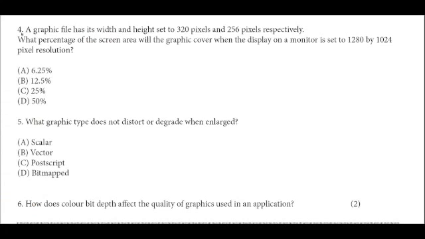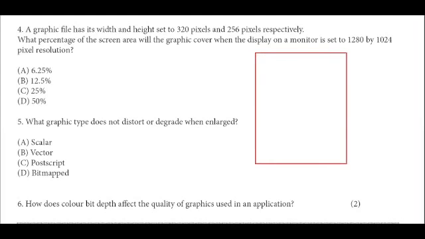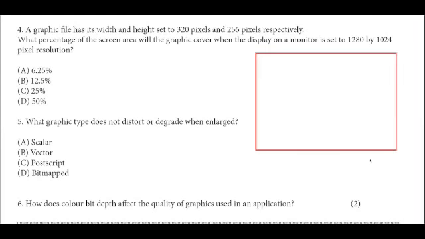So let's have a look at this one. A graphic file has its width and height set to 320 by 256 pixels respectively. What percentage of the screen area will the graphic cover when the display on a monitor is set to 1280 by 1024 pixel resolution? So what I like to do when I find questions like this is draw up what they would look like. So I've got my resolution monitor here.